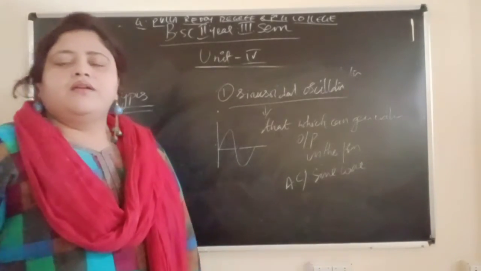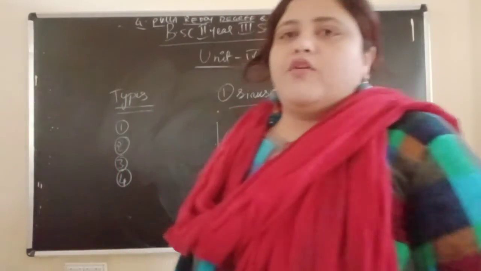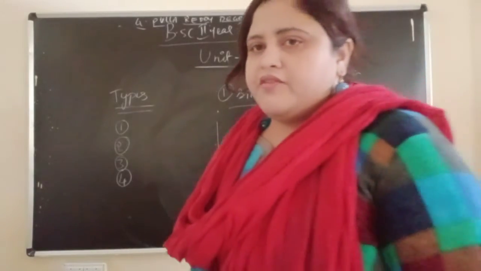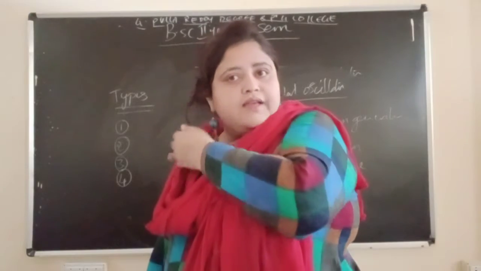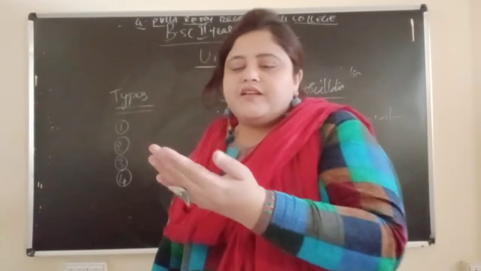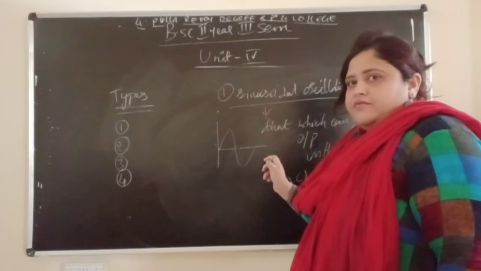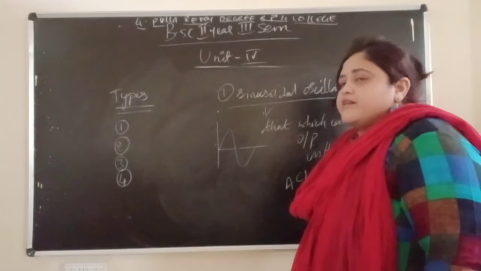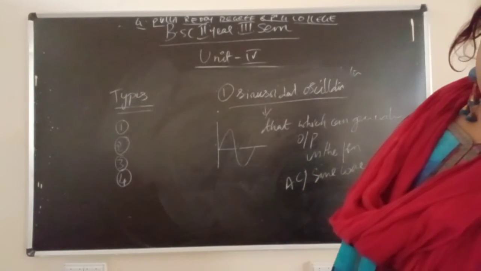I said they can generate the output in the form of sine wave without any AC signal, without any input. And what are the types? There are 4 types of oscillators.